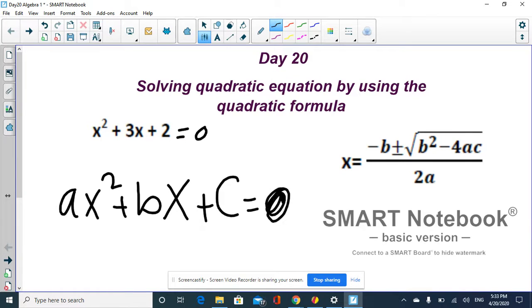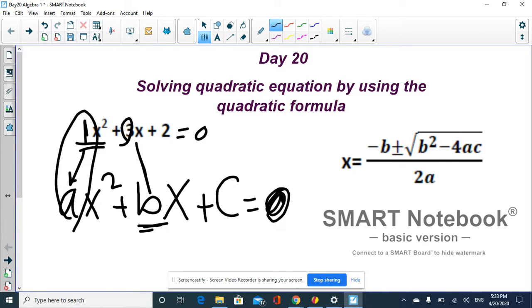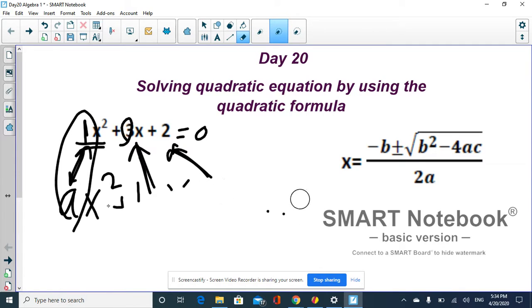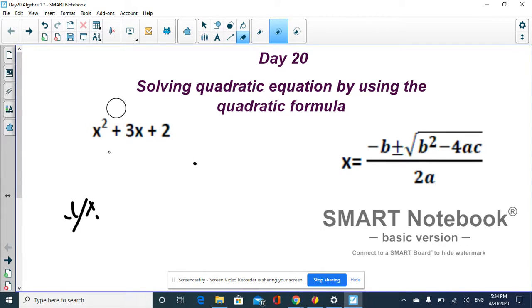That means the coefficient of x squared here is 1. This is a, so a is 1. What is b? B is the coefficient of x, which is 3, and c is the constant. So you have a, b, and c. A is the coefficient of x squared, b is the coefficient of x, c is the constant number.